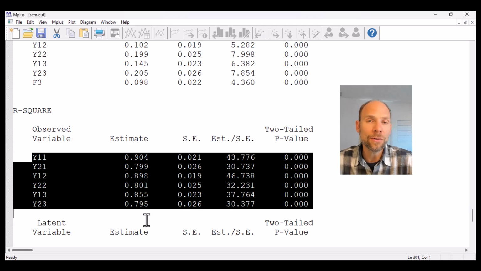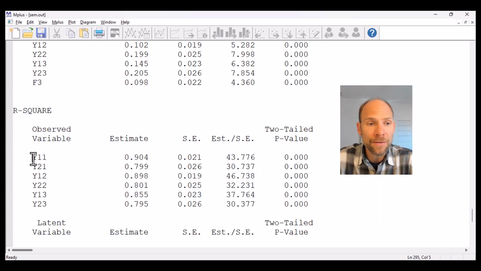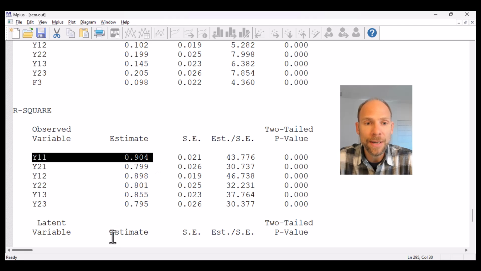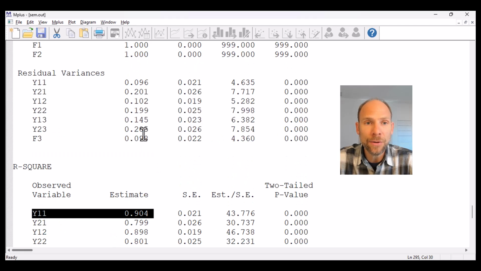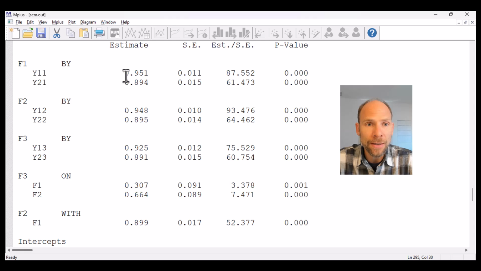It is equal to the squared standardized factor loading for each indicator, and it indicates reliability in the sense of test theory. So, for example, for the first variable Y11, r squared is 0.904, and that's equal to this factor loading squared.